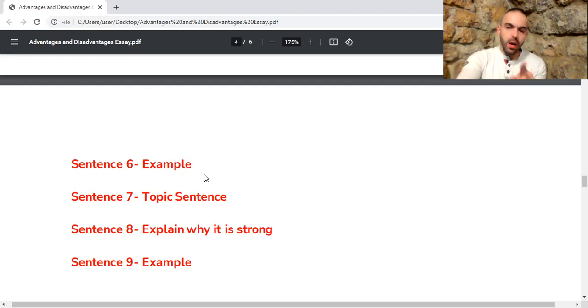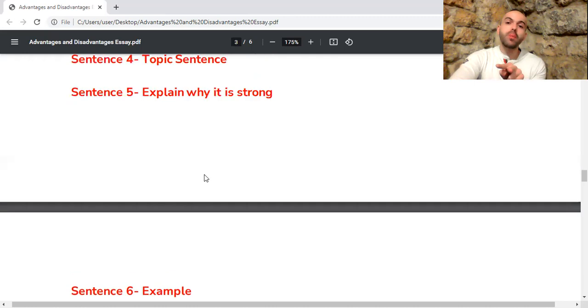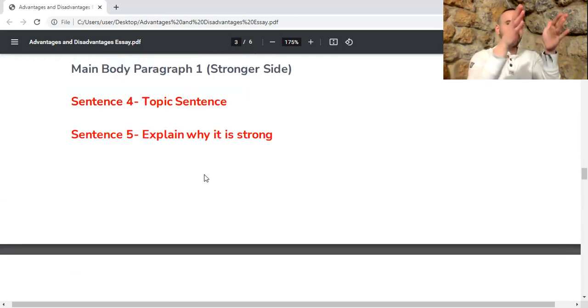But here, if you choose to write 2 advantages on the stronger side, you will need to make them separate. So you have to start with the topic sentence of the first advantage. You need to explain why this is strong, and then you give an example about it.